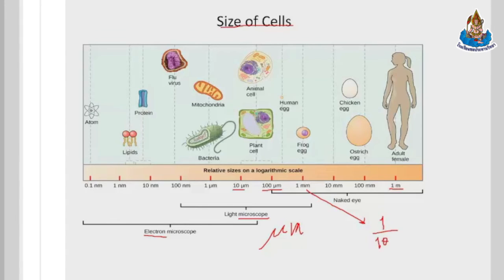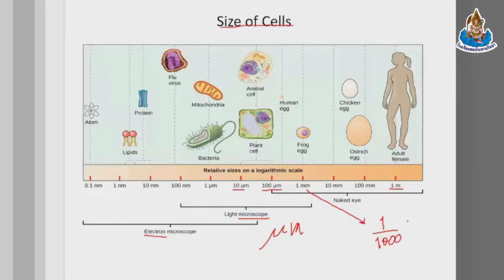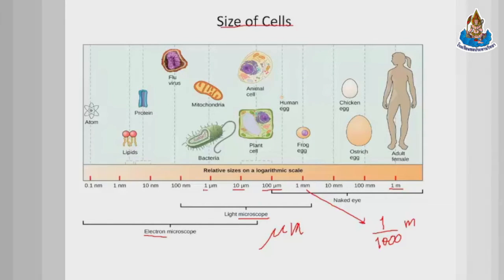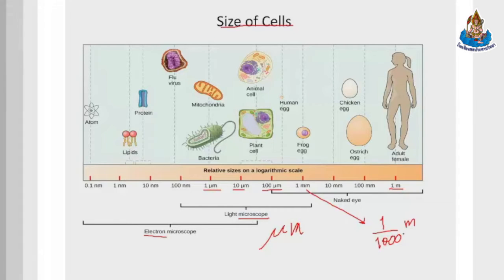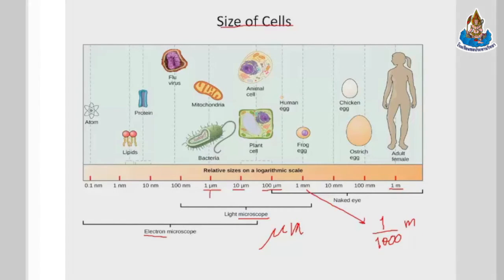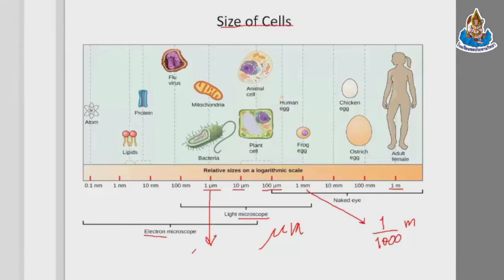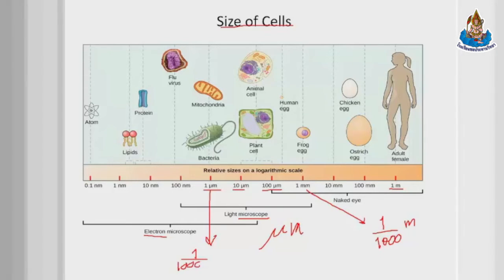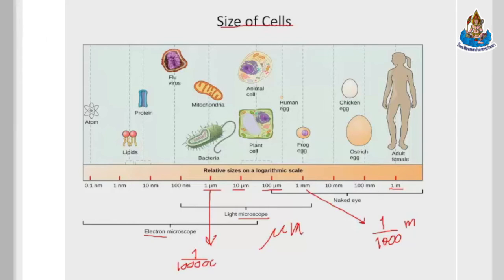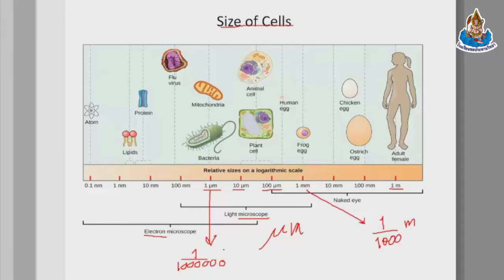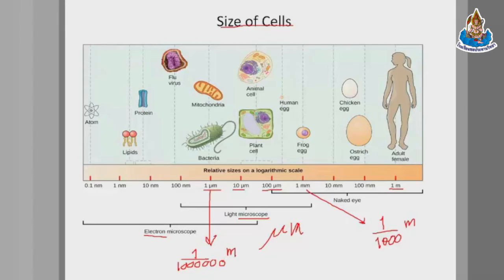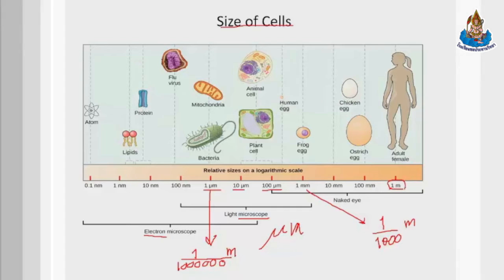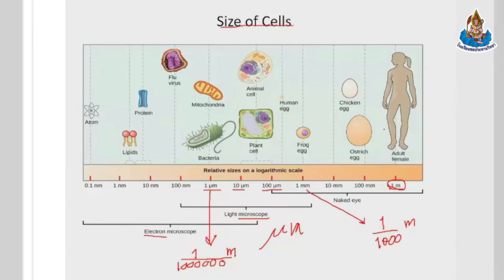But 1 micrometer is 1 in a million of a meter. That means if you have an object of 1 meter size, and you slice it into 1 million pieces equally, each piece will have 1 micrometer size.